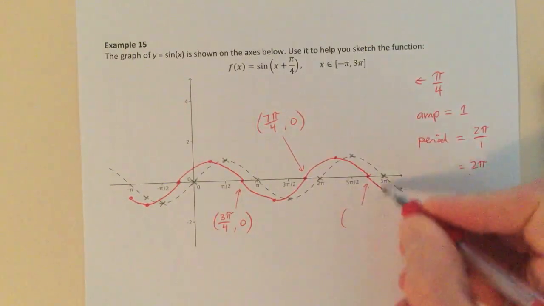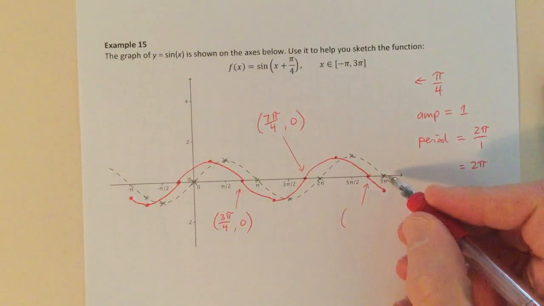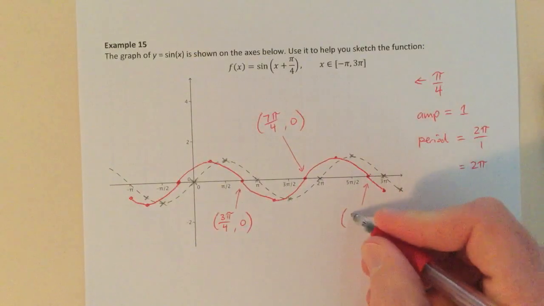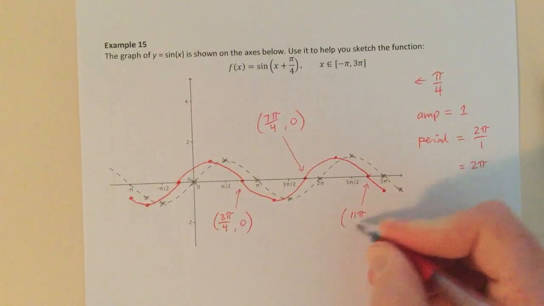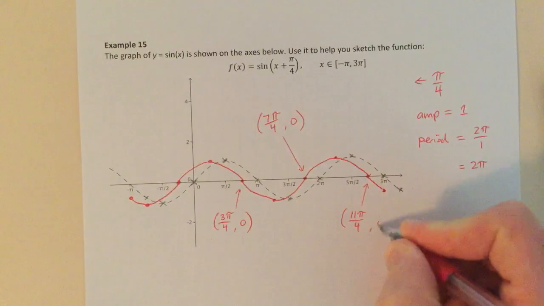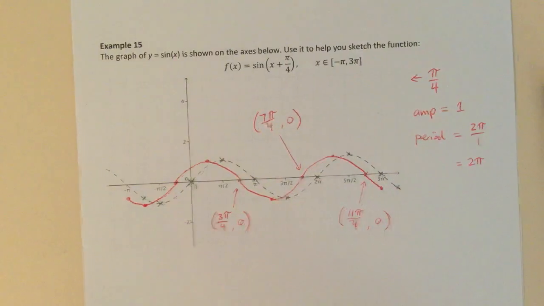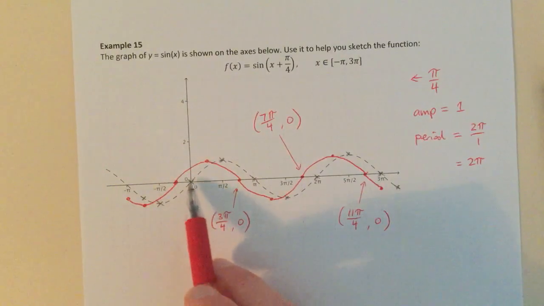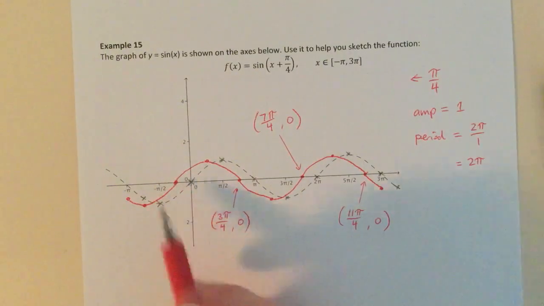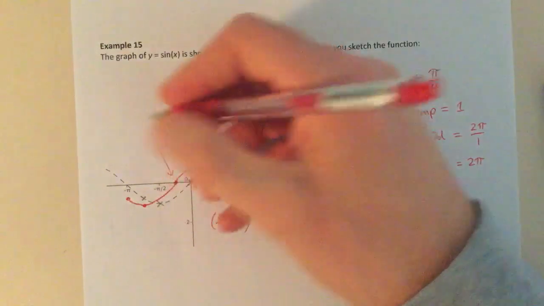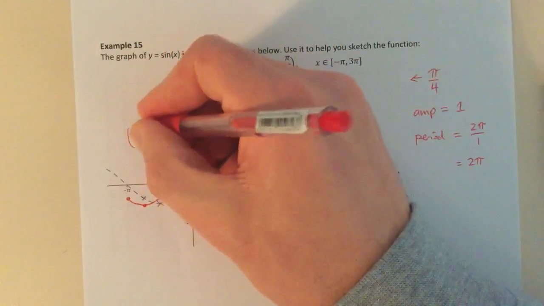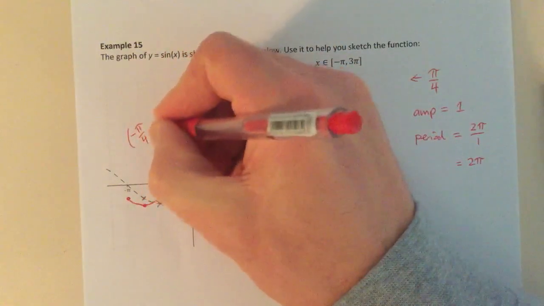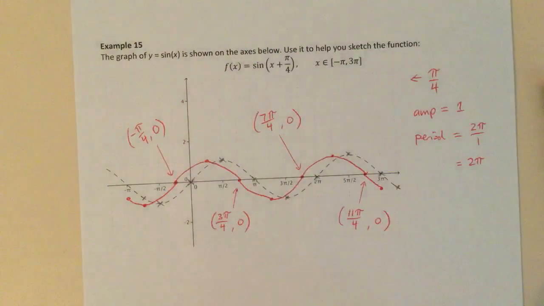This point here is 3 pi, take away pi on 4. So really it's 12 pi on 4, take away pi on 4. It's 11 pi on 4, 0. And the first negative x-intercept just came from taking our point at the origin and moving that left by pi on 4, so this is going to be negative pi on 4, 0.